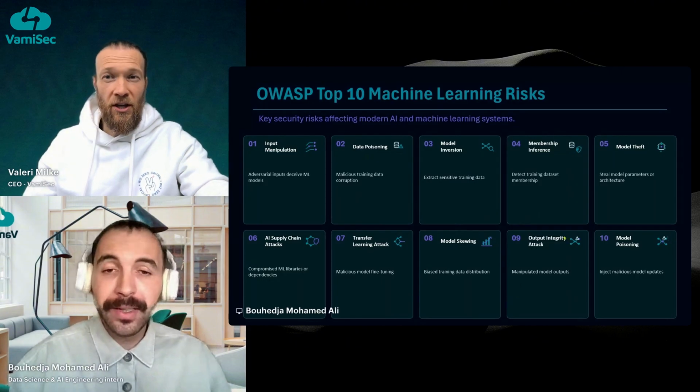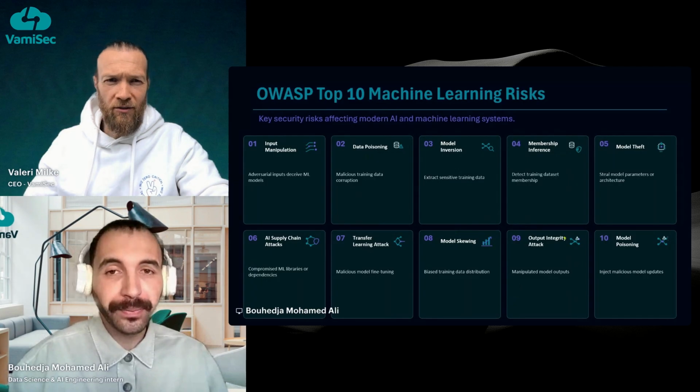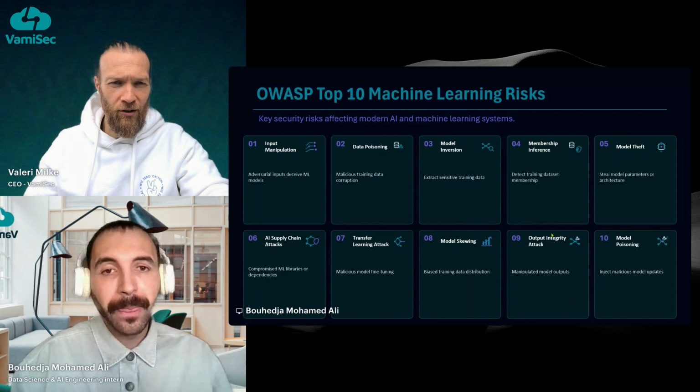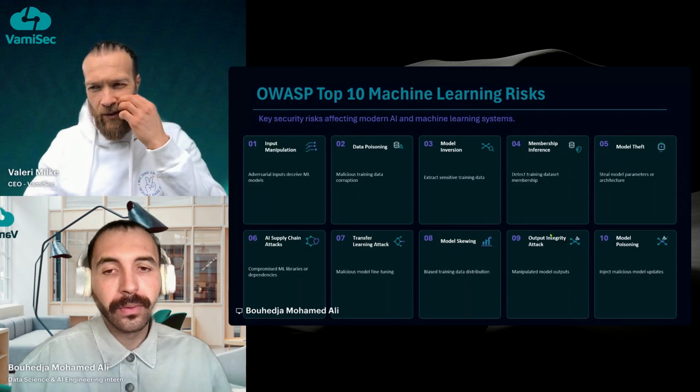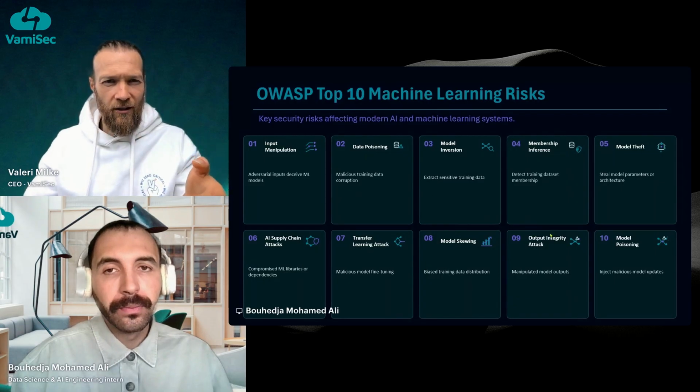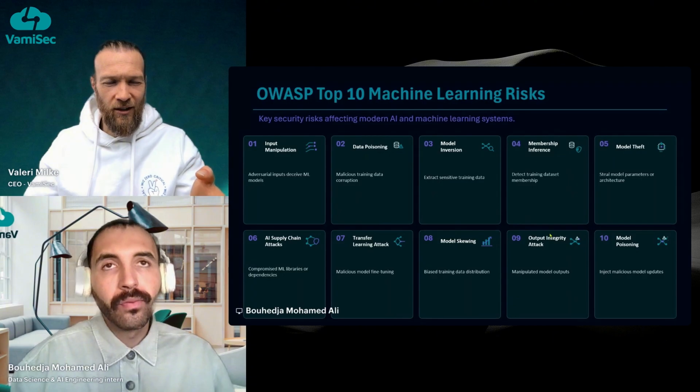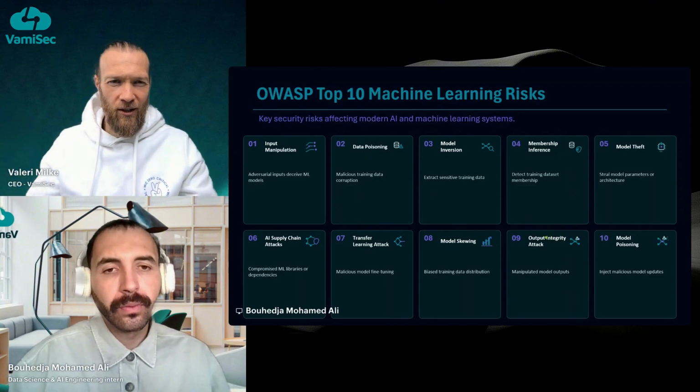By the way, regarding model theft, there are rumors ongoing that DeepSeek, wasn't it with DeepSeek, stole data from OpenAI, right? So they're stealing the training data and model information.